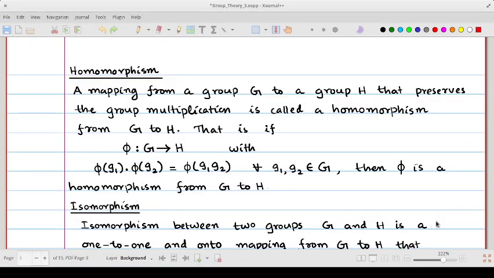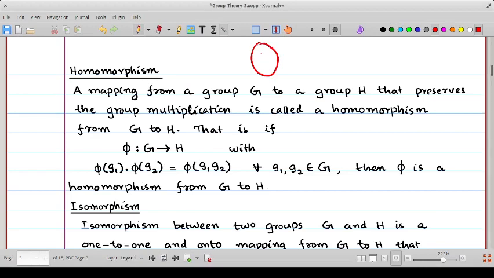Homomorphism. Consider two groups G with, say, elements given by G1, G2 and so on, and another group H with elements given by H1, H2, H3. Now we can define a mapping between these two groups G and H. Let us call it phi.